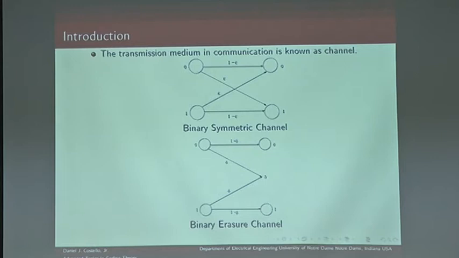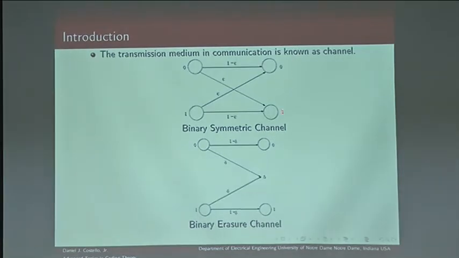One is a binary symmetric channel. Most of our digital communication is binary, so we would have inputs of either 0 or 1, and if we make so-called hard decisions, which I'll say a little bit more about later, the output of the channel would also be either 0 or 1. A transmitted 0 is received as a 0 with probability 1 minus epsilon, and is received erroneously as a 1 with probability epsilon.